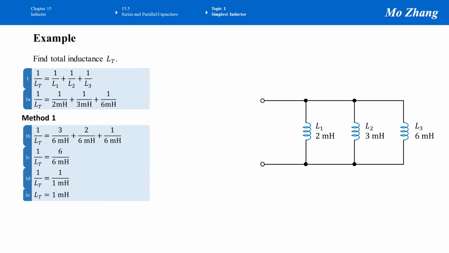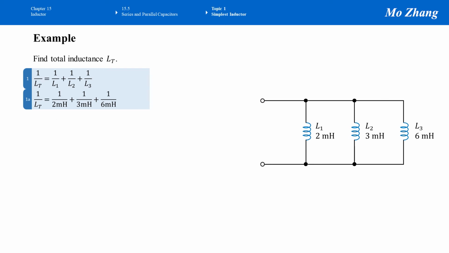This is the first method. The second method is my preferred method for solving this kind of question. To me, it's easier, but for anyone who just started learning this, it might be a little bit confusing at the beginning, especially the unit part. How about I show it to you, and you decide which method to use.